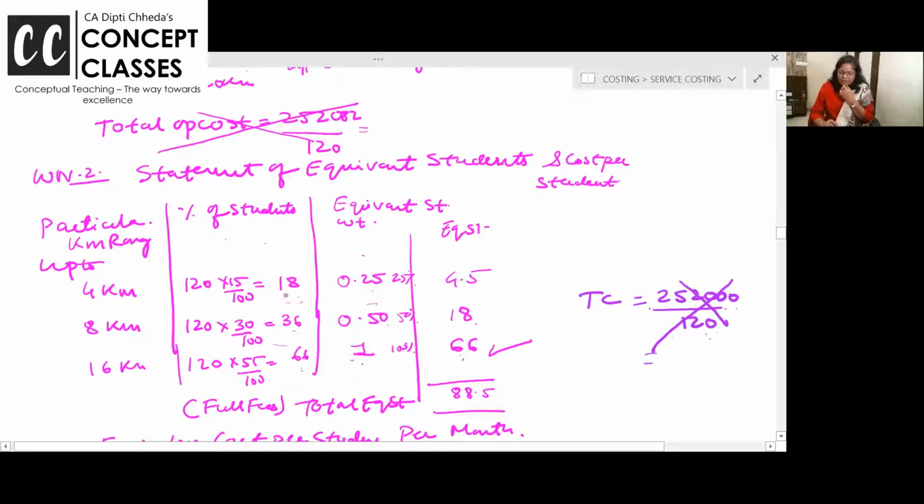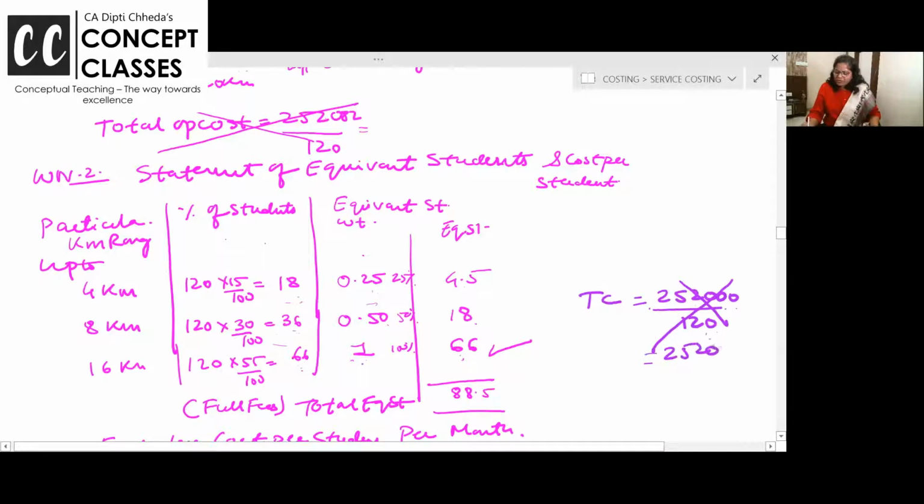But yeah, 18 students are paying 1/4 fees. Can I say they are equal to 4.5 full students? 36 students are paying half fees. Can I say they are equal to 18 students paying full fees? 66 students paying full fees? Total 88.5 students are paying full fees.